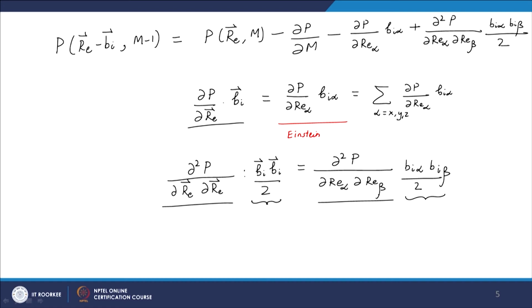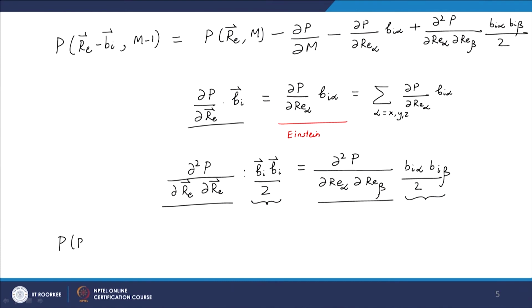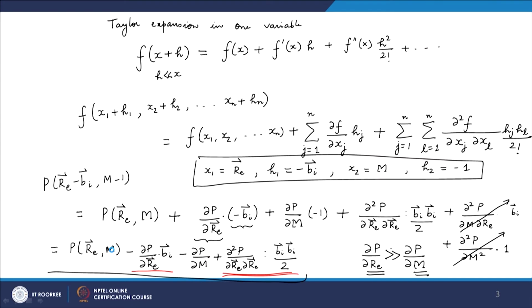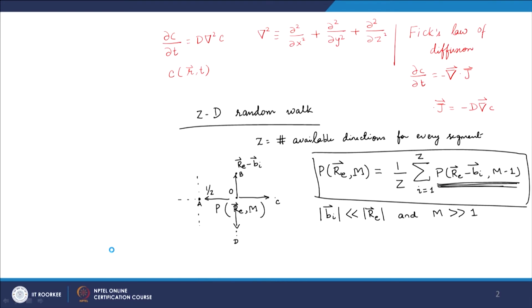Okay. So, now if you go back to the initial relation that we have derived, we had to sum over this. What we were interested in, if you remember, was PREM, and as we had derived earlier, I can write PREM as a sum over the quantities that I have just Taylor expanded.